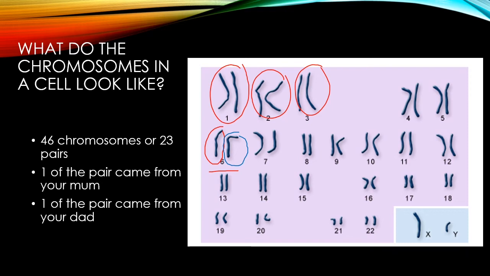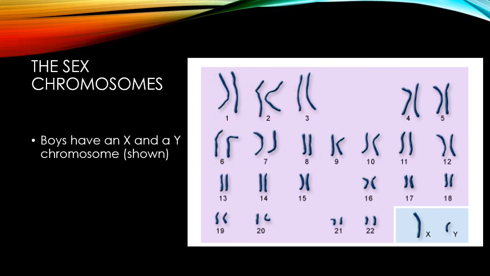Now, what we actually have here is a picture of the chromosomes from a boy. What we have is 1, 2, 3, 4, 5, 6, 7, 8, 9, 10, 11, 12, 13, 14, 15, 16, 17, 18, 19, 20, 21, 22 pairs which look very, very similar. And the last pair you're going to find looks quite different.